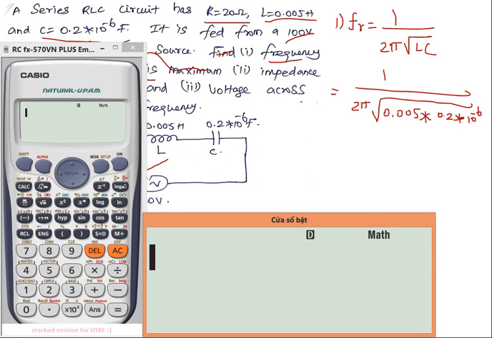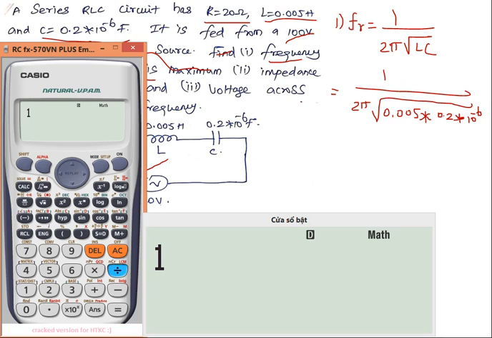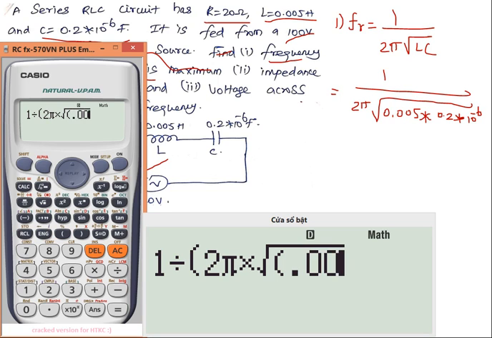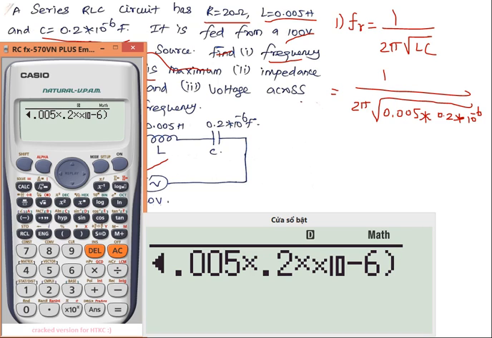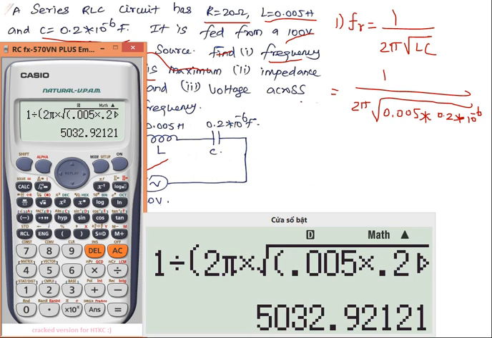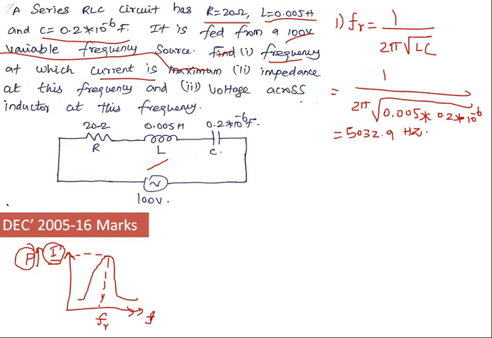Using a calculator, 1 divided by within bracket 2 pi into root of 0.005 multiplied by 0.2 into 10 power minus 6, which is equal to 5032.9 Hertz. So the resonant frequency will be 5032.9 Hertz.